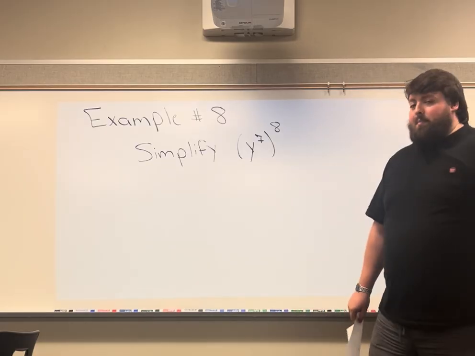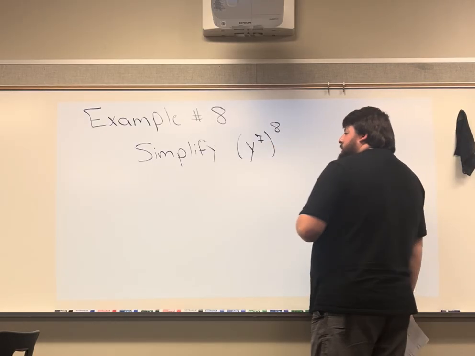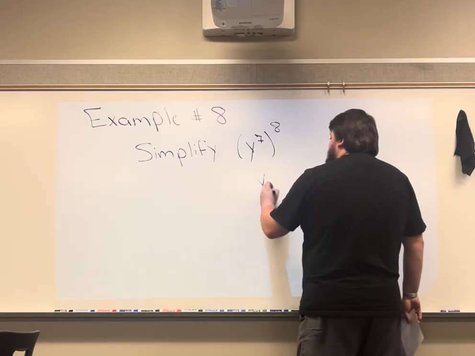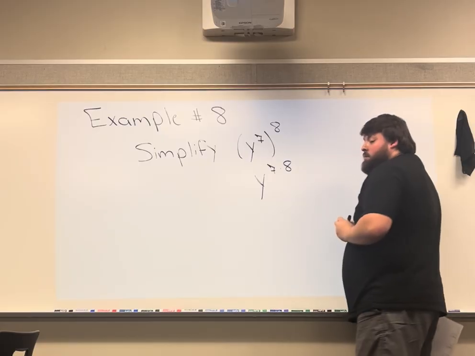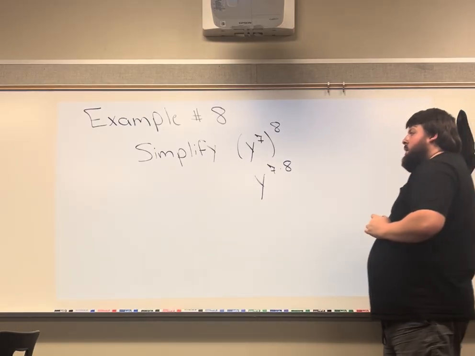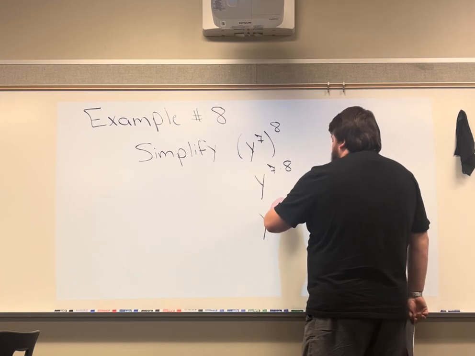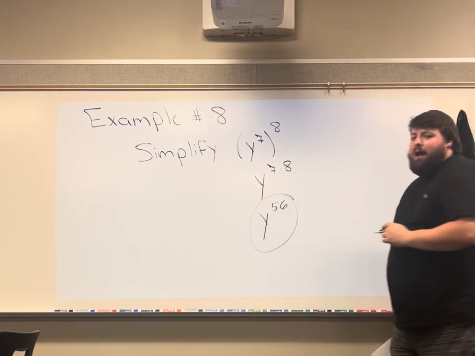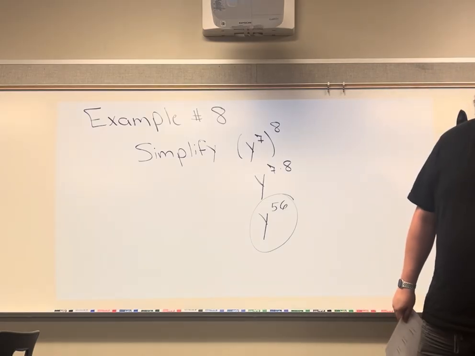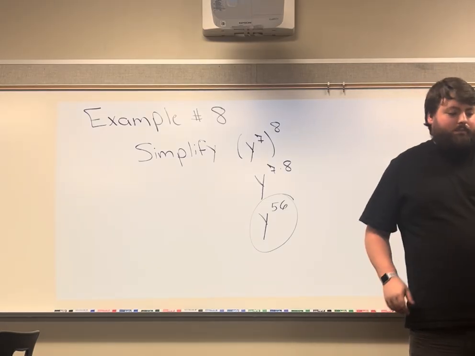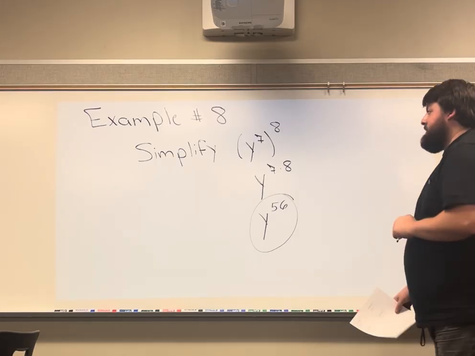We see power of a power, so I take y to the 7 times 8. That becomes y to the 56th power. Feeling good? Give everybody a second to copy this down real quick.